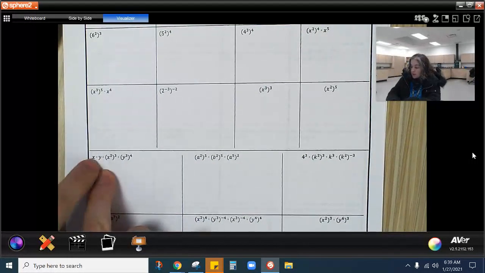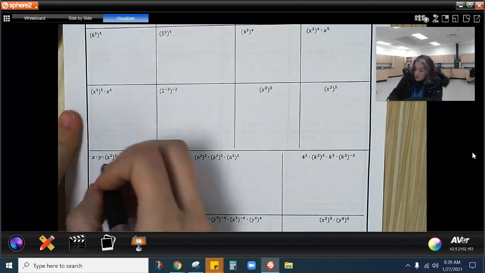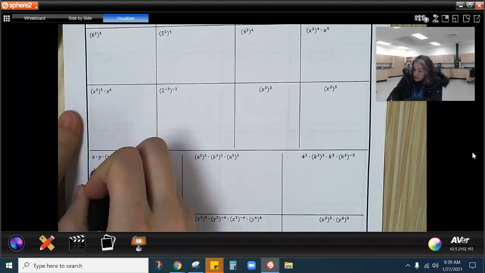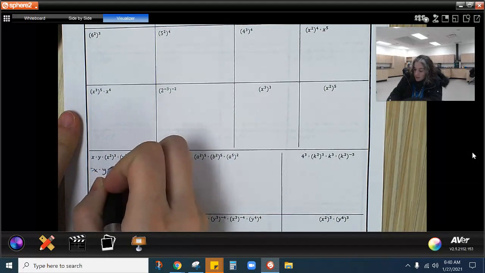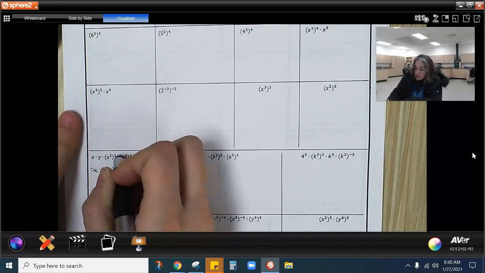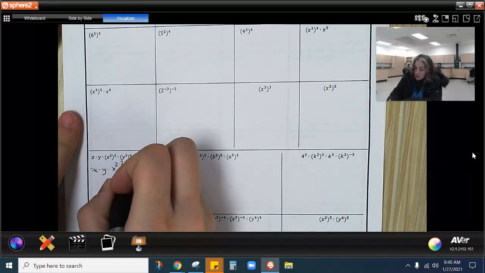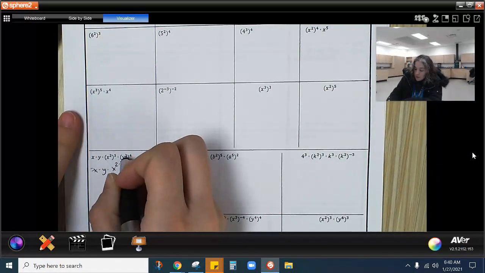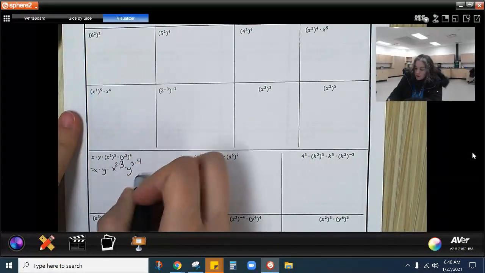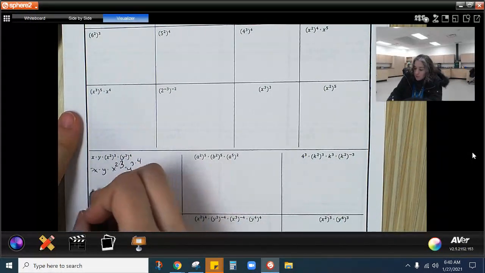All right, I want us to do this one together for sure. All right, so we've got x times y. This becomes x squared to the 3rd power is really x to the 2 times 3. And then y cubed to the 4th power becomes y to the 3 times 4.